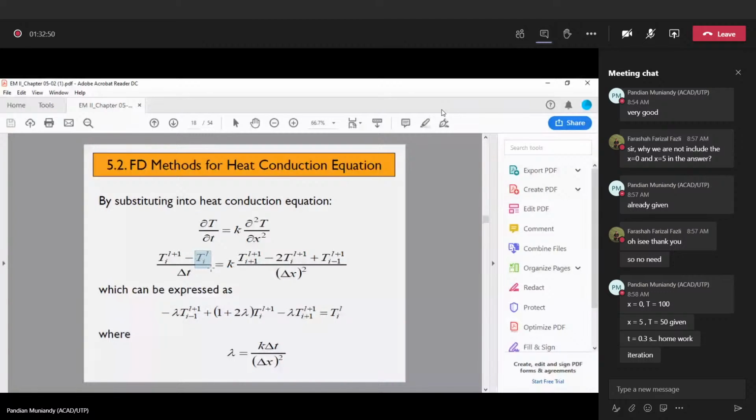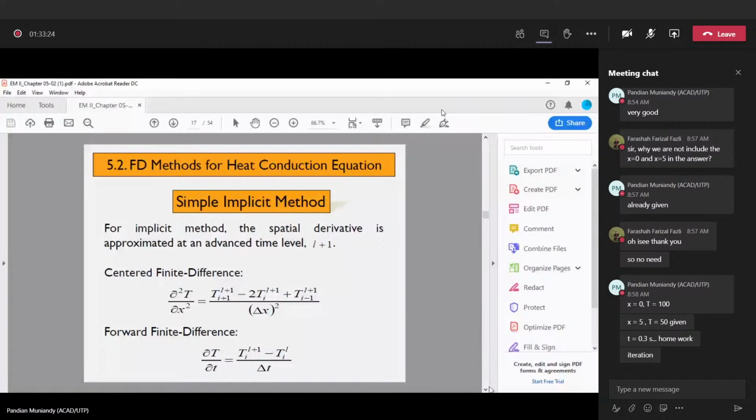So you may use the same equation as the previous method, but the way you express it is different. This is the difference, class. With this one, we are going to create a matrix and use the Gauss-Seidel method. So the approach is different. You may wonder, if they give you this method, the implicit method, which we are talking about now, you must have this equation with lambda, K del T over del X squared.